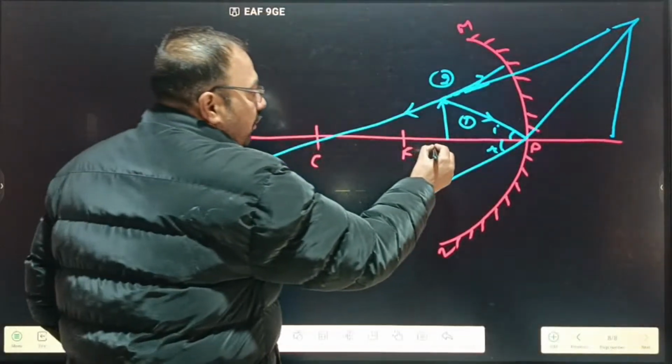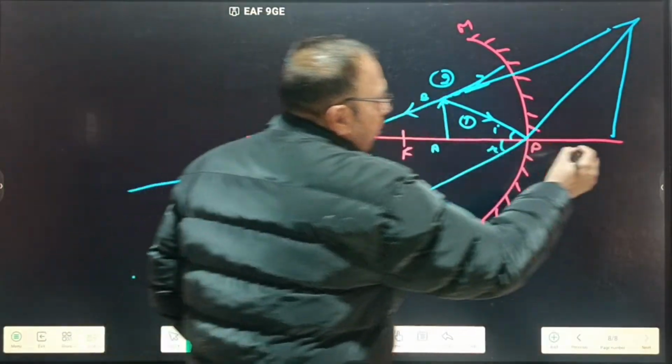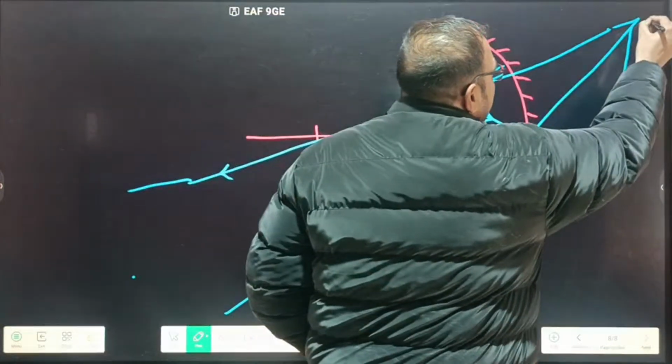So this is object size AB. So image forms here A dash, B dash.